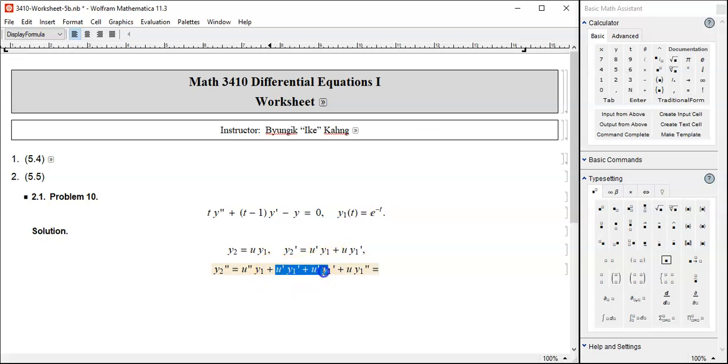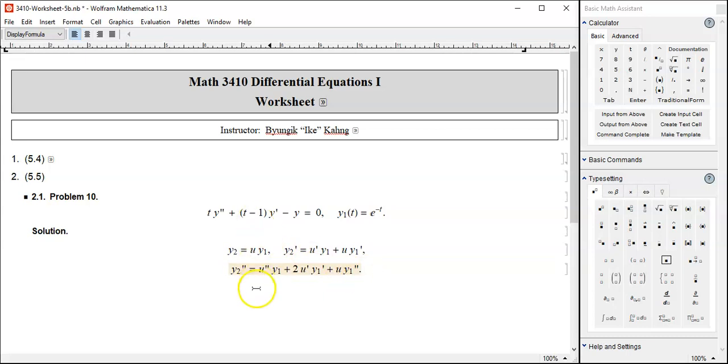And these two happen to be the same, so we can put those two together into twice of that. And are we ready? I guess so.